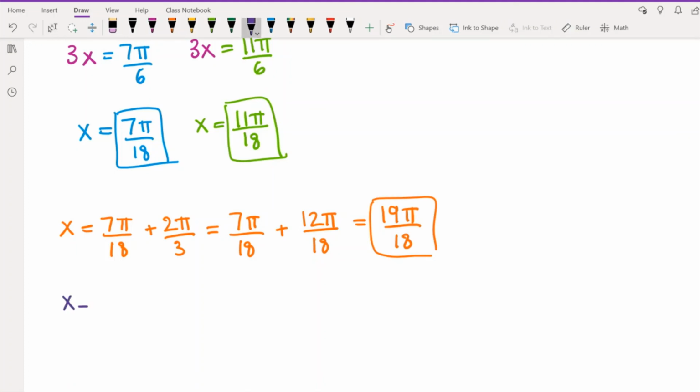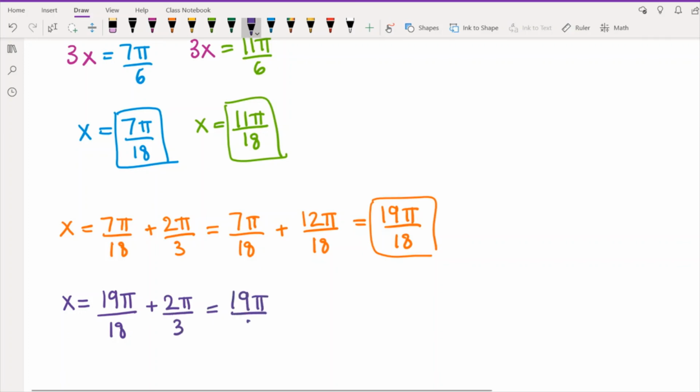So here we could say x is equal to 19 pi over 18 plus 2 pi over 3 again. So that's going to be 19 pi over 18 plus, if we make that common denominator again, 12 pi over 18. So that gives us 31 pi over 18.